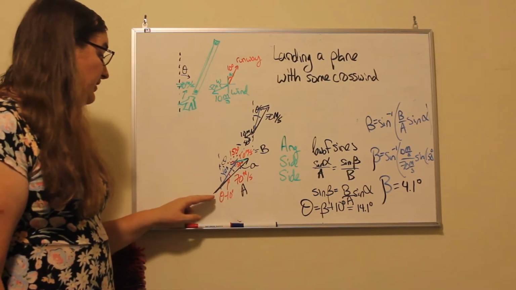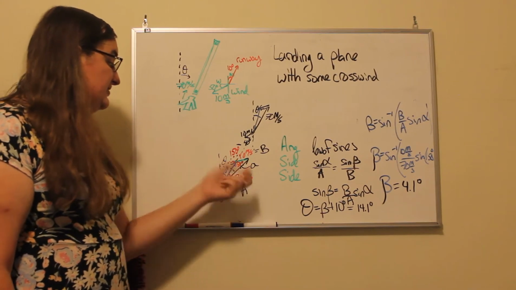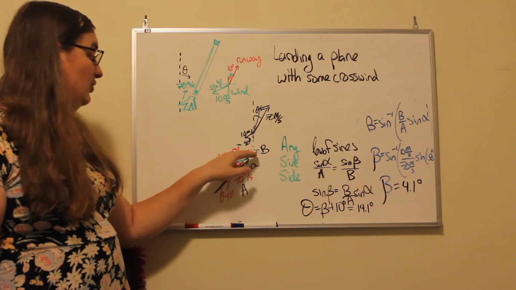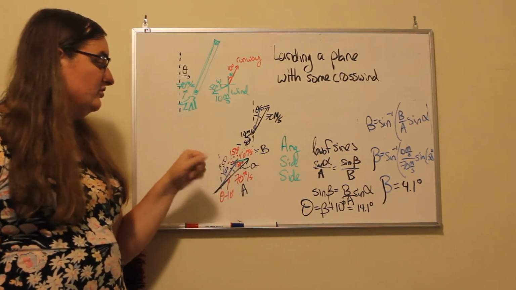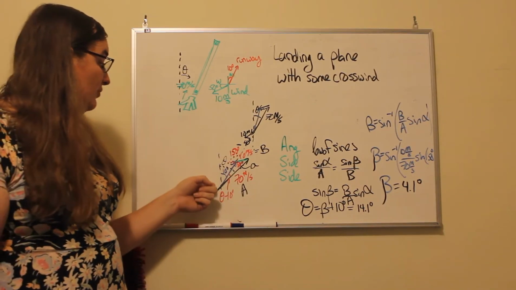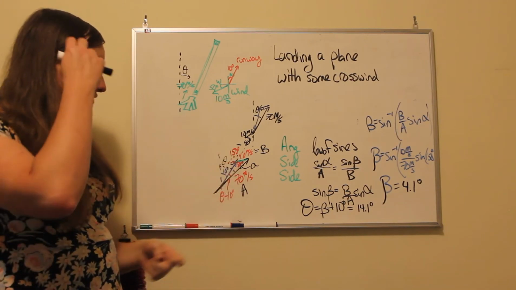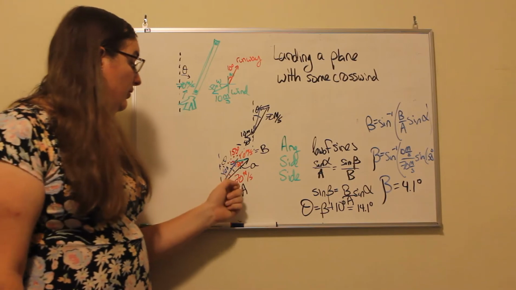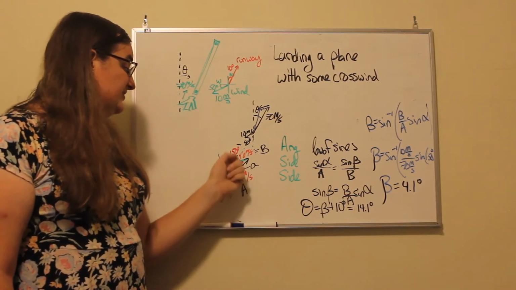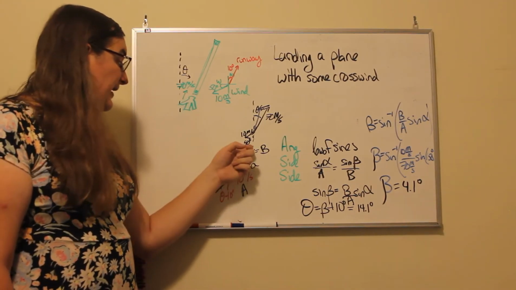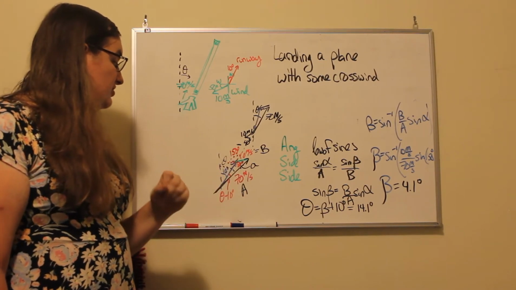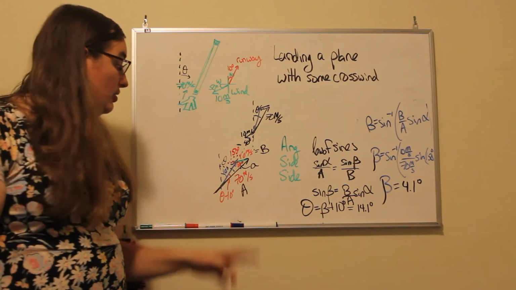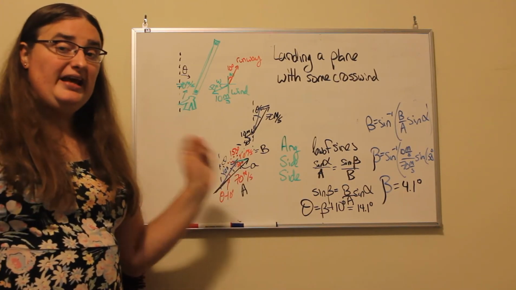Well, taking a look, I'm going to call the velocity of the plane through the air side A of my triangle. I'm going to call the velocity of the wind side B, and I'm going to say that the result, which we don't know, is side C. Well, my angle opposite A is called alpha, my angle opposite B is called beta, my angle opposite C is called gamma. Well, we don't know that angle, gamma.